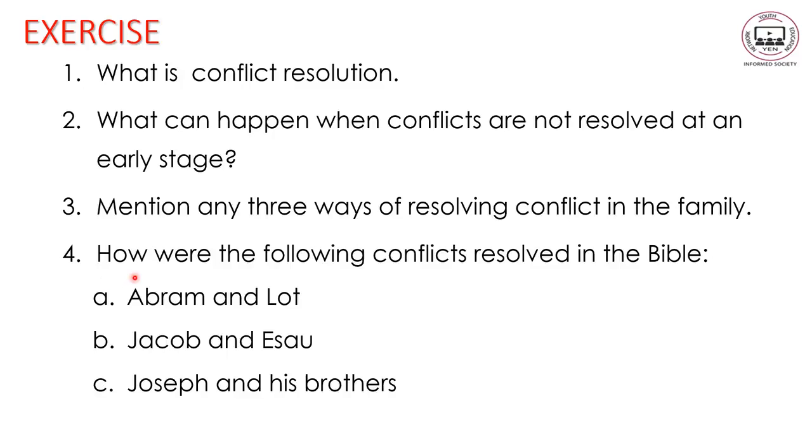Number four, how were the following conflicts resolved in the Bible? Abraham and Lot, Jacob and Esau, Joseph and his brothers. So how were these conflicts resolved in the family? Try to do this exercise as quickly as possible before you go to the next unit.